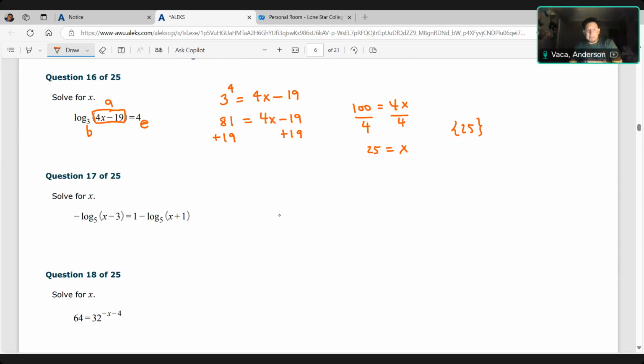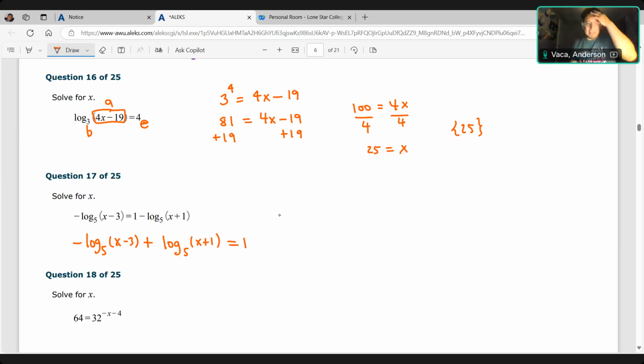What do we got here? It seems like we got logarithms on both sides of the equation. I am not so much a fan of that. Why don't we go ahead and put those logarithms on the same side? So let me see. We're going to have negative the logarithm base 5 of x minus 3 plus the logarithm base 5 of x plus 1 is equal to 1.